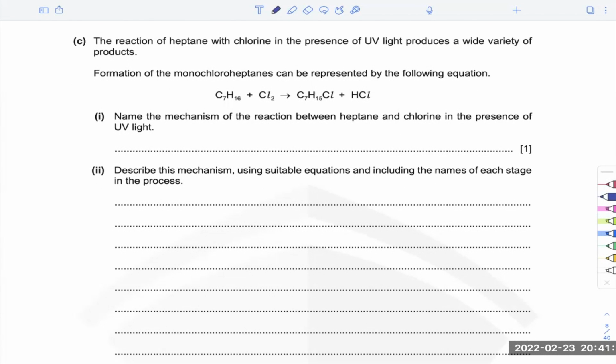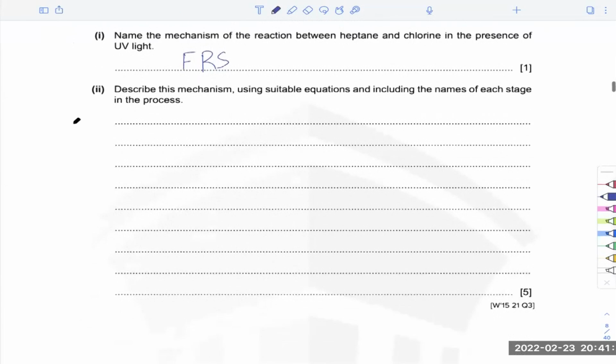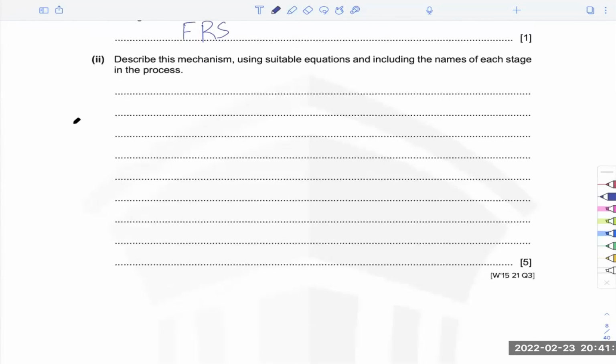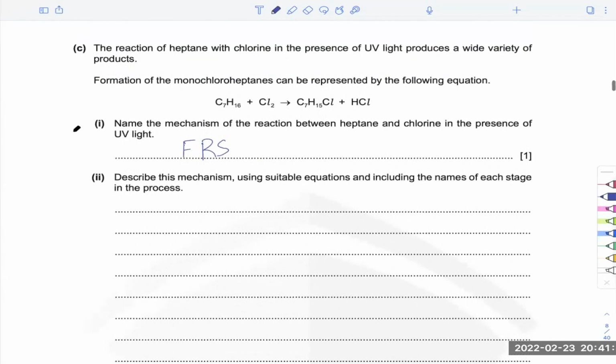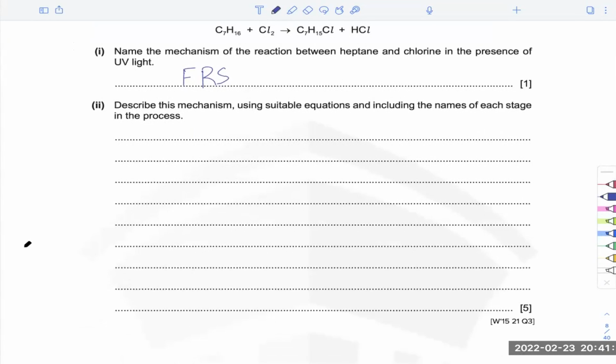Name the mechanism of the reaction between heptane and chlorine in the presence of ultraviolet light. Free radical substitution. You can just complete this. ठीक है. Describe this mechanism using suitable equations. See, दोबारा वही सवाल आ गया 5 नंबर का. But what they've done is they have taken another alkane. पिछली दफा हमारे पास ethane था, बुक में हमारे पास methane था, and here we have heptane.